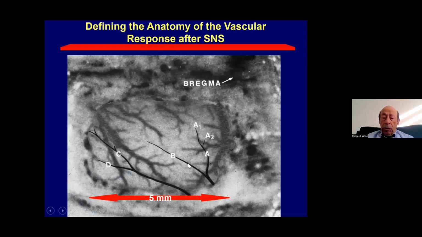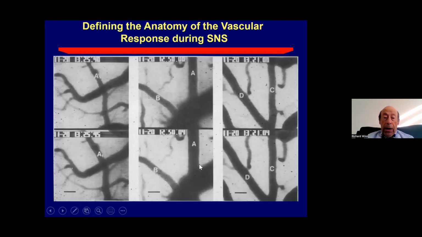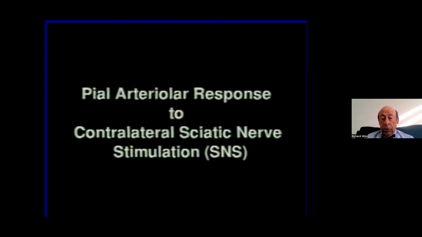I'll show you, here's the vessels going to other areas of the brain. And here we see at 15 seconds, here's a vein. Here's normoxia. Here's hypoxia. Again, this is 50 micron bar. Here's the feeding vessel to A. You can see even that dilates, whereas C and D, distant to sensory hind limb cortex, is gone.